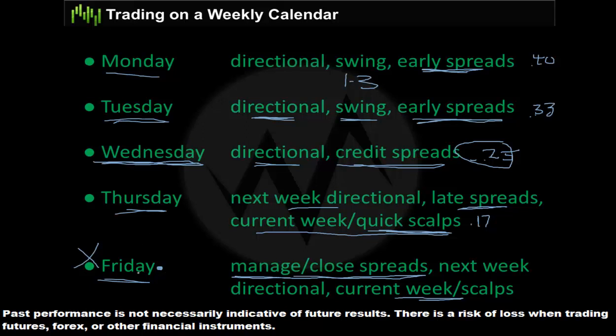So the market makers take that into effect, and they start pricing down next week's options late on the day on Friday. So in essence, you're not getting necessarily as much theta decay from Friday the week before to Monday.